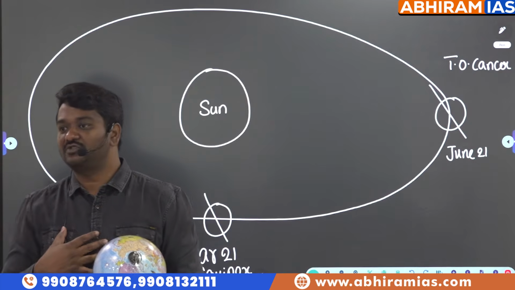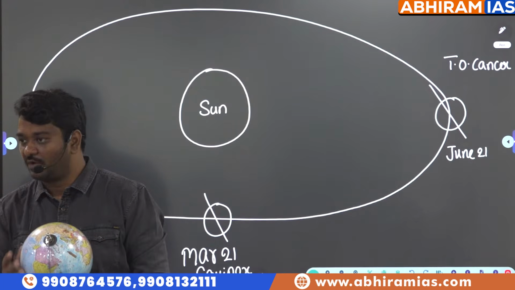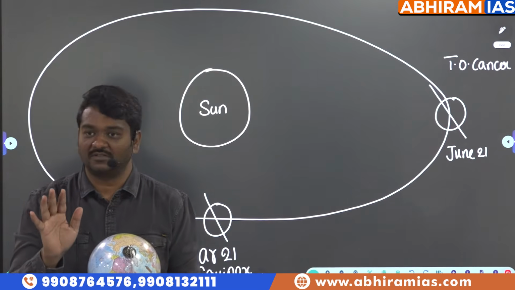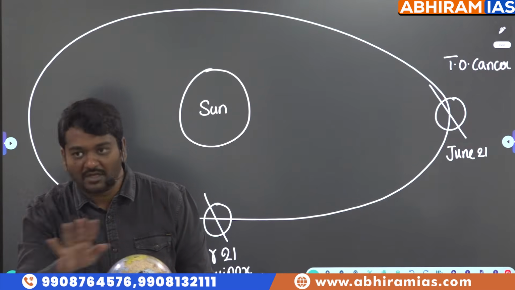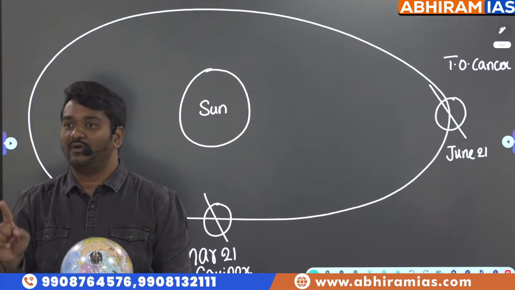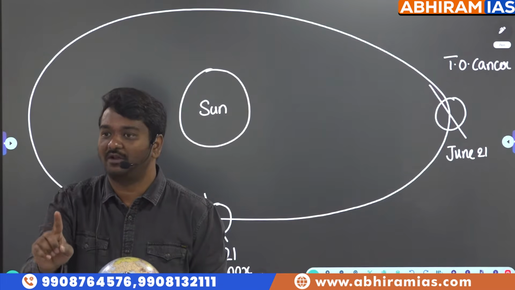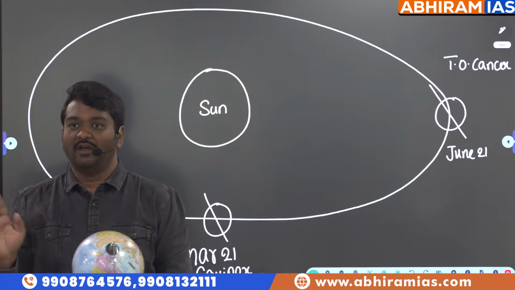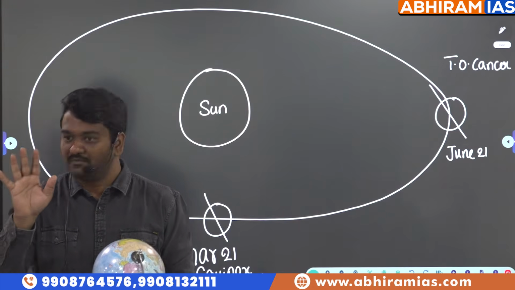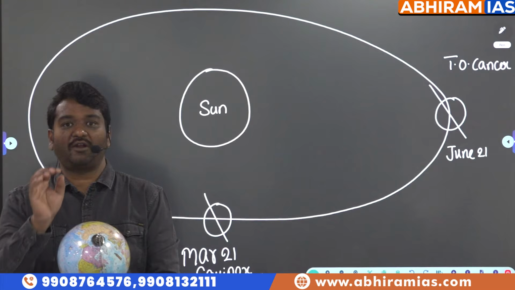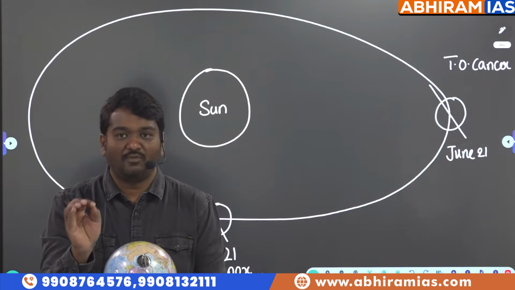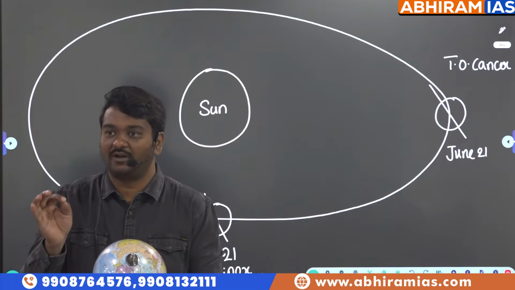So earlier we used to just study what is there, but now you should know the reasons. Why is the equator seasonless? Because throughout the year, the equator will have 12 hours of day and 12 hours of night. Summer season, winter season, equinox, any time of the year you take, the equator will always have how much? 12 hours of day, 12 hours of night.